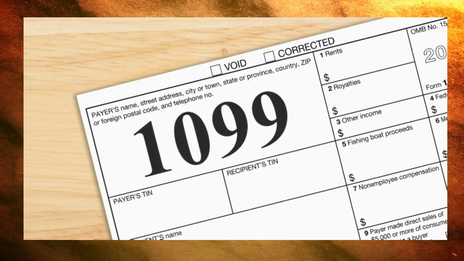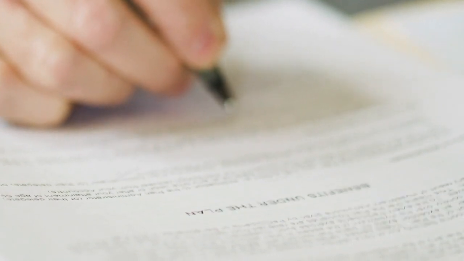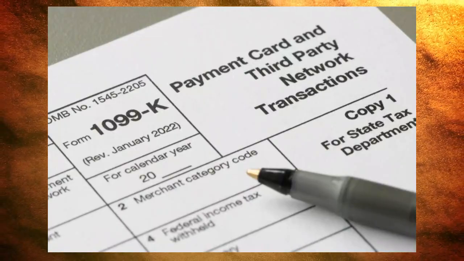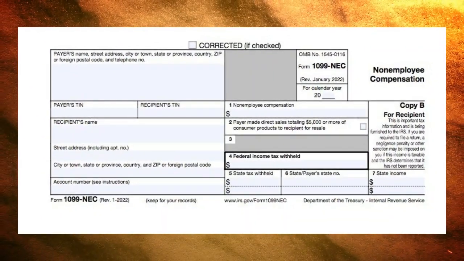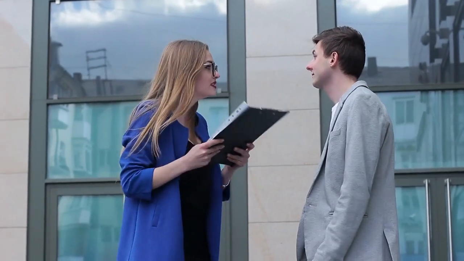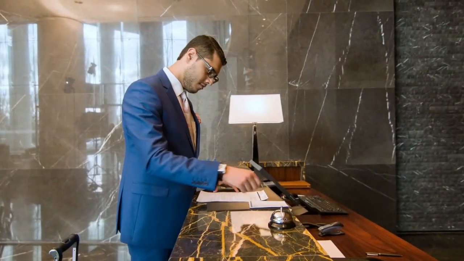Understanding the 1099 form. Let's delve deeper into the 1099 form and understand its various aspects. The 1099 MISC form is perhaps the most commonly used version, but there are other types such as the 1099 NEC and 1099K. The 1099 NEC, which stands for Non-Employee Compensation, is specifically designed to report payments of $600 or more made to independent contractors, freelancers, and other self-employed individuals.